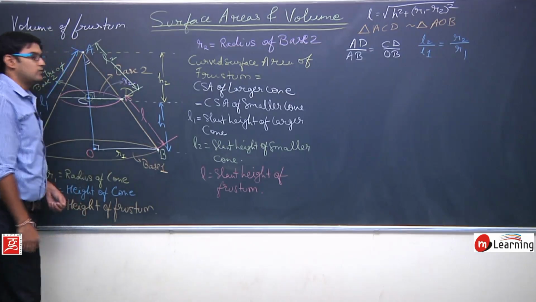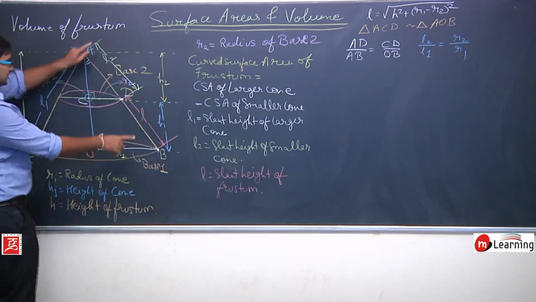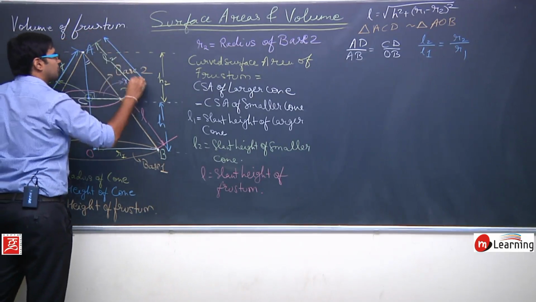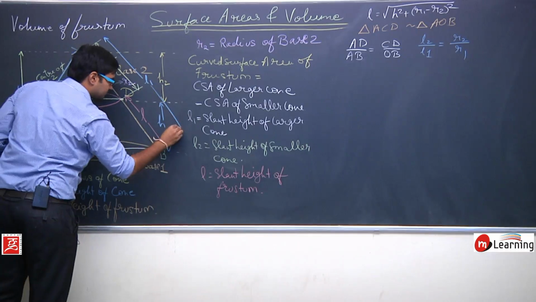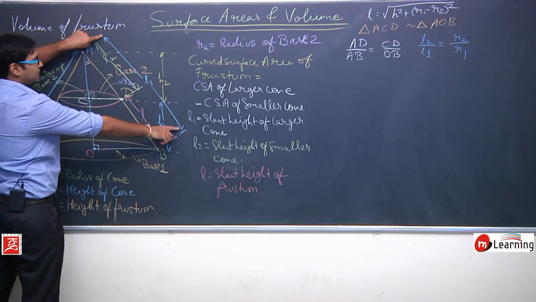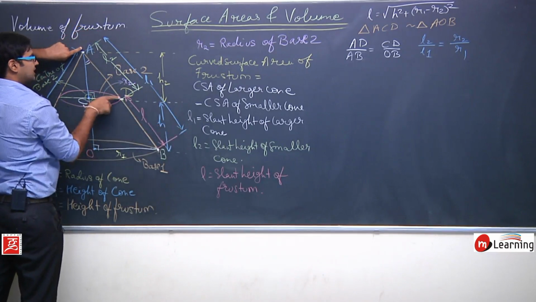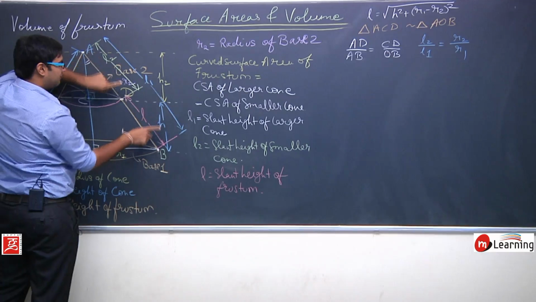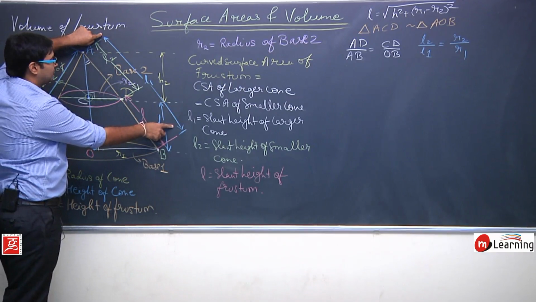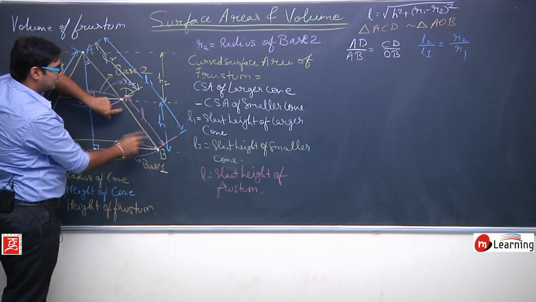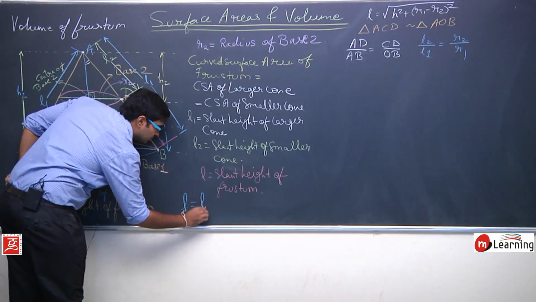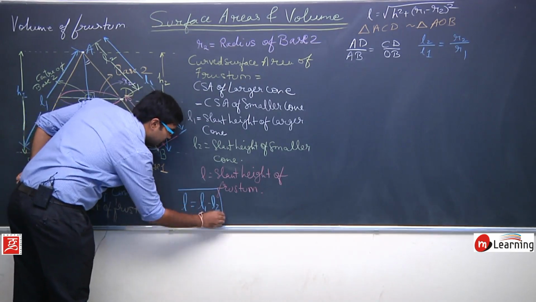Now observe very carefully. What I can see is this complete length, let us mark L1 here also, L1. Okay, this complete length is L1, and if I subtract from this L1 this L2, I will get this L. So I can write L is basically equals to L1 minus L2.